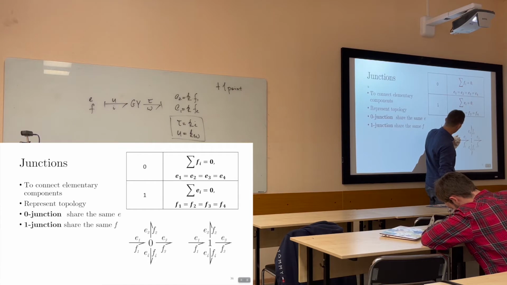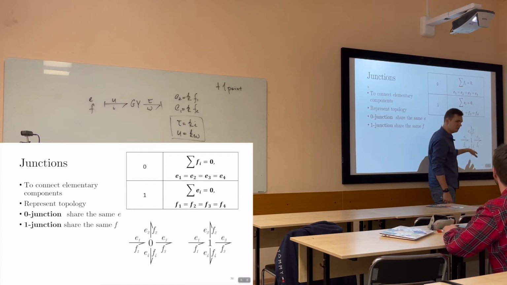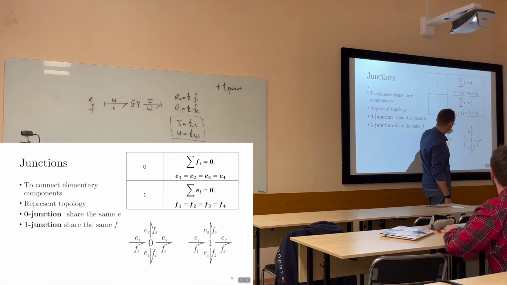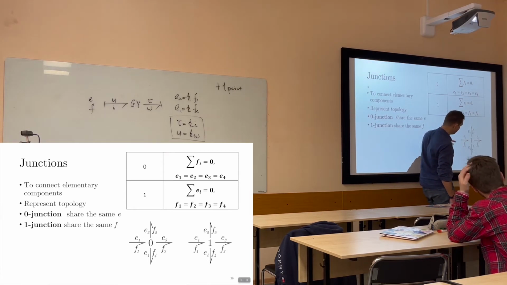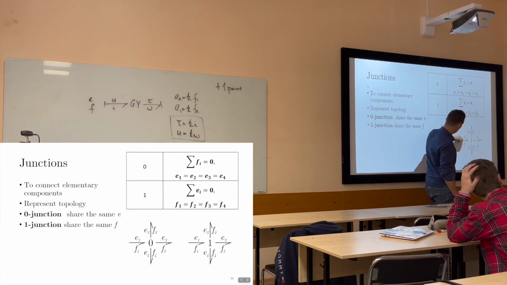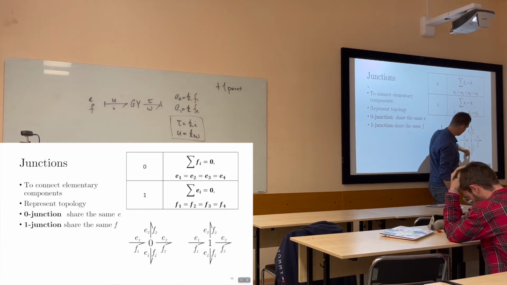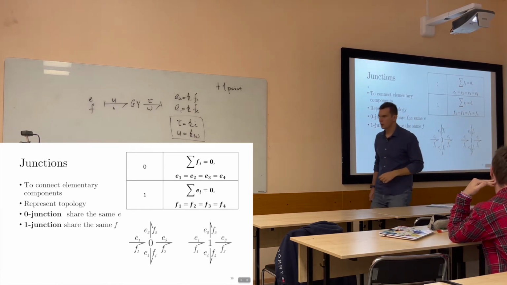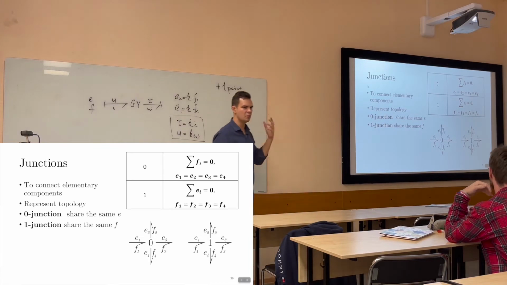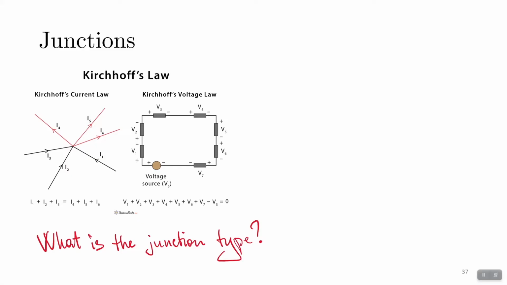Here the flow is the same, but the effort is different. So you send all the power here, and E1 will equal E2 plus E3 plus E4. Maybe it rings a bell. Do you remember Kirchhoff's law? Actually, it is an example of this 0-1 junction.